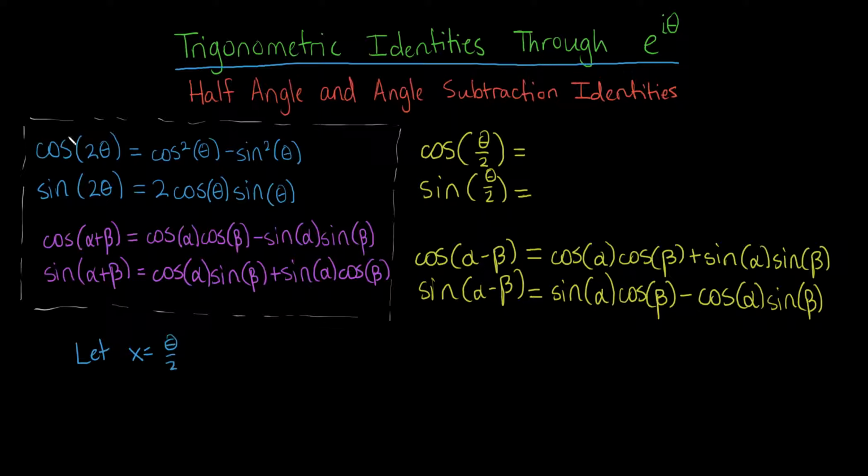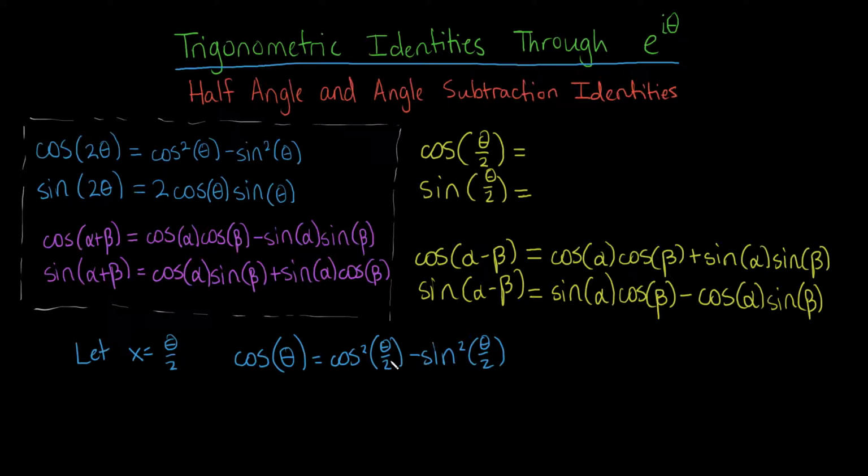Because of this, we can now say, again, just using the double angle identity on this new variable, the cosine of 2x is just going to be theta, equals the cosine squared of x, which is theta over 2, and minus sine squared, again, theta over 2. You can see we can force the double angle identity to have these half angle values.